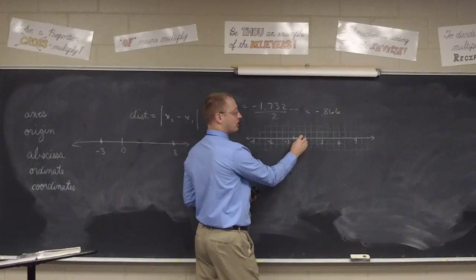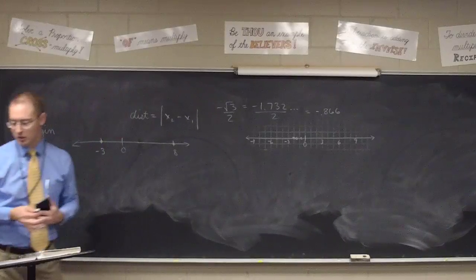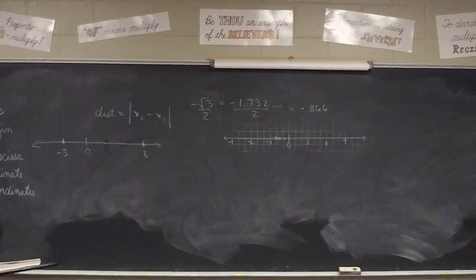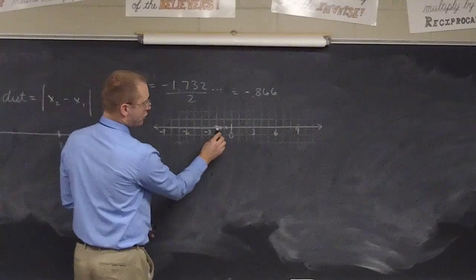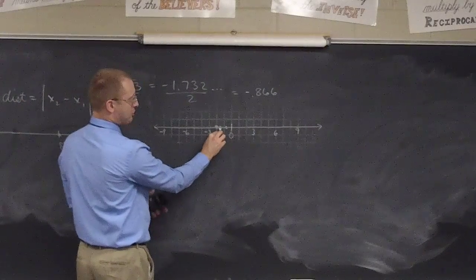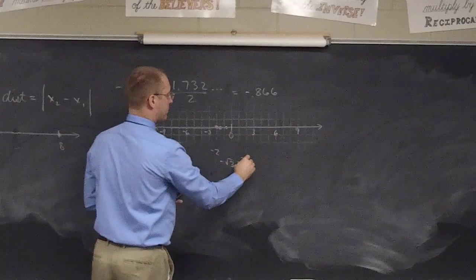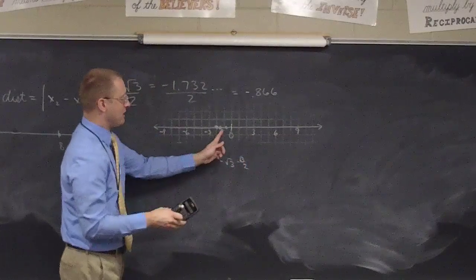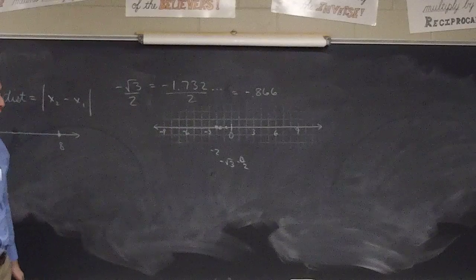We want to go just a little bit further to the right of -1. And maybe zooming in here just a little bit would help the YouTube audience here. So we've got -2, just a little left of that -1.732 or square root of 3. And then square root of 3 over 2 is a little bit beyond the -1, closer to 0 than -1.